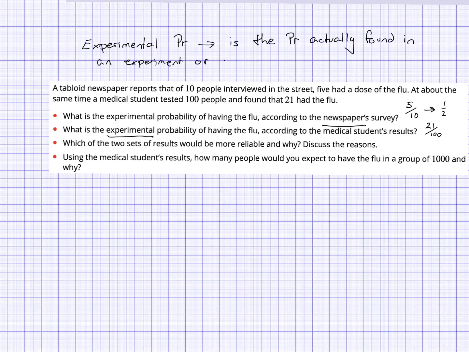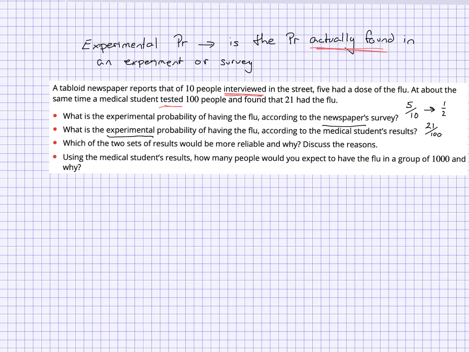So up to now, we've been dealing with what's called theoretical, where it could happen. We look at all possible results and say which one matches what we want. That's theoretical. Experimental actually happens. It's actually found. So this newspaper talked to people in the street. This medical student tested people. So we can see that it's actually happening.